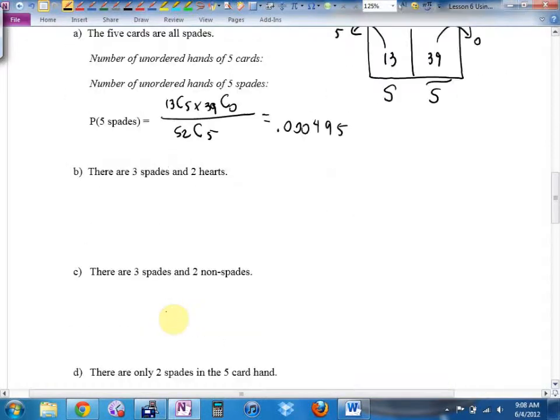B. 3 spades and 2 hearts. Who plays poker? Is 3 spades and 2 hearts a good hand? No. Should the odds be higher or lower than what we got on A? Should be higher. This is going to be a bucket with 3 categories: spades, hearts, and others, not spades, hearts.